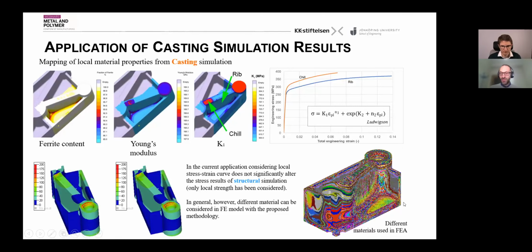Here you can see different material used in the stress analysis, and here the results using both homogeneous material from the stress strain point of view and dedicated material for stress and strain. In that case, we agreed not to change the stress strain curve because for the first running, you have seen that there is not a big difference.